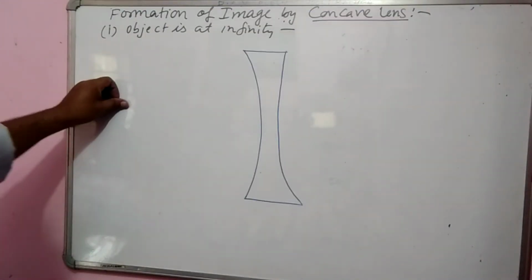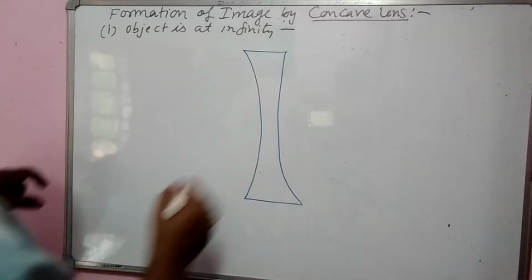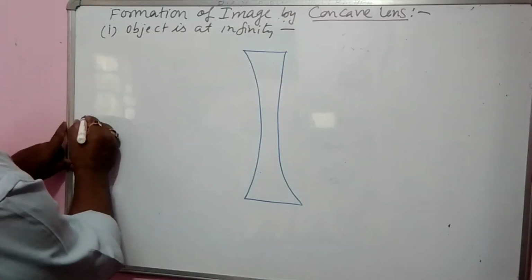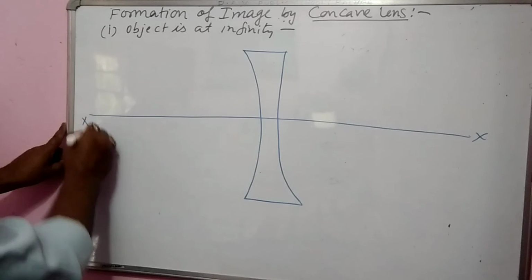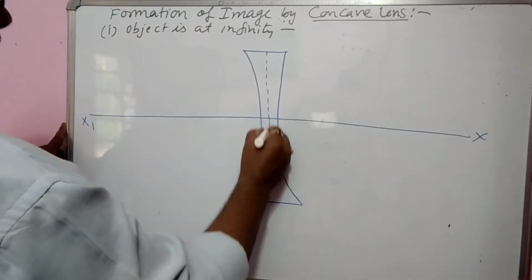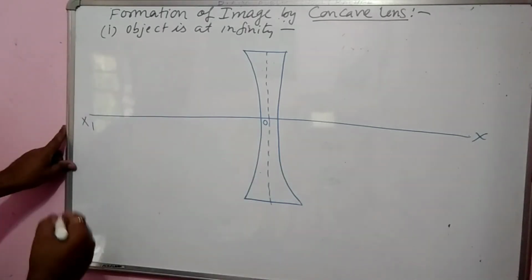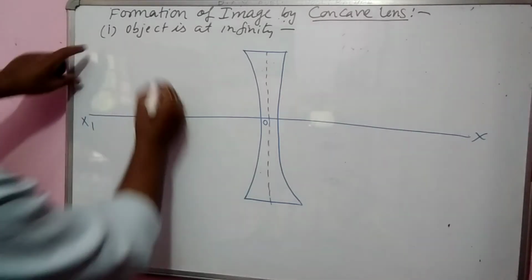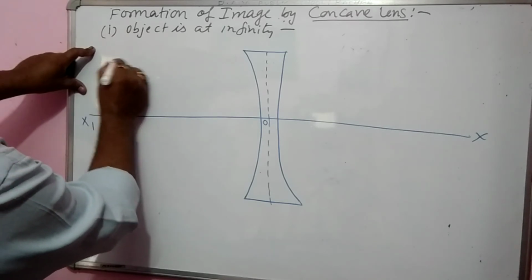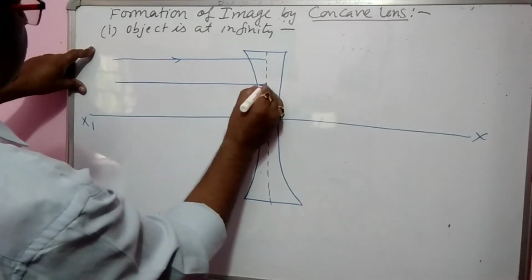Now come to formation of image by a concave lens, where the object is at infinity. This is the concave lens, and this is the principal axis X1. Dividing this lens, you get O, the optical center. As the object is at infinity, light rays will come parallel to each other, and to form the image we should take at least 2 light rays.